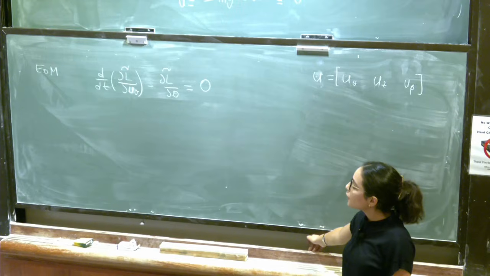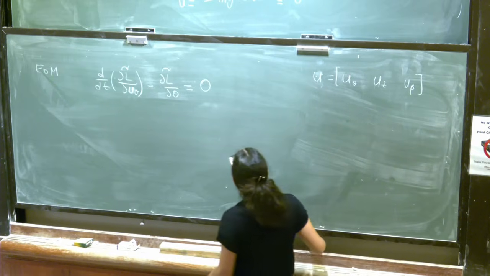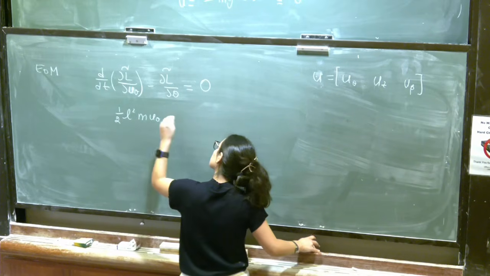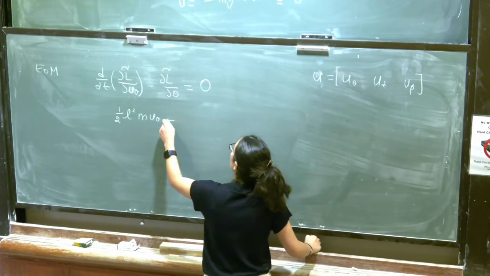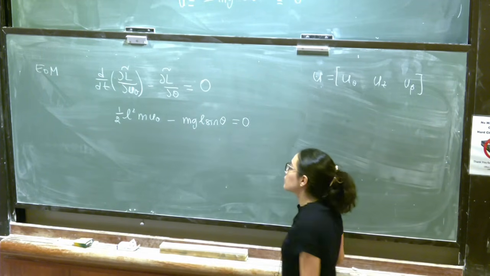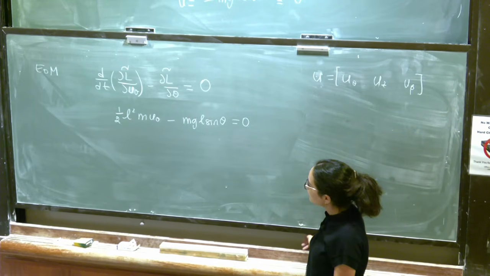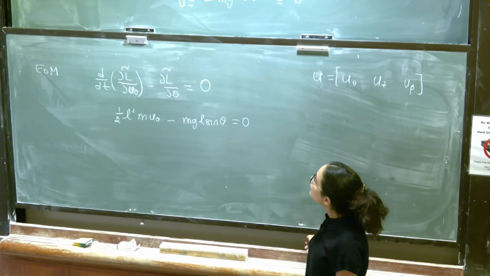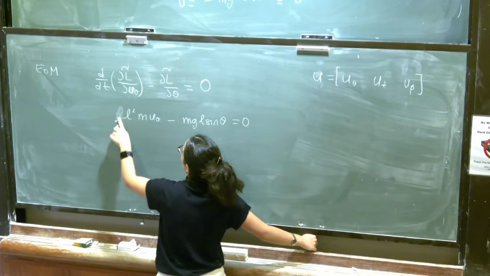So del L tilde by del U theta is, well, L tilde is half m l squared U theta squared, minus plus mgl sin theta. There is a sign mistake here.